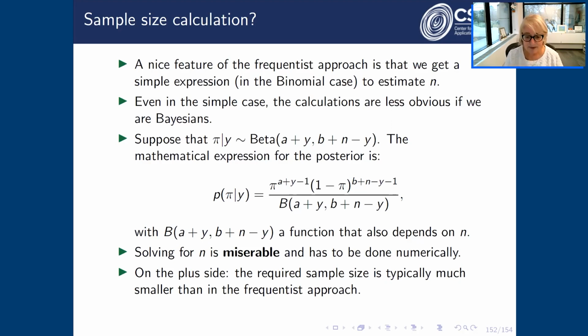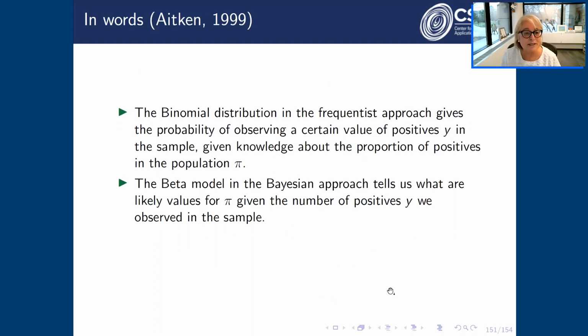On the plus side, if you are brave or if you have a statistician that works with you, the required sample size to meet some criterion is usually much smaller than what you end up with from a frequentist approach. So there's a payoff if you can do it.